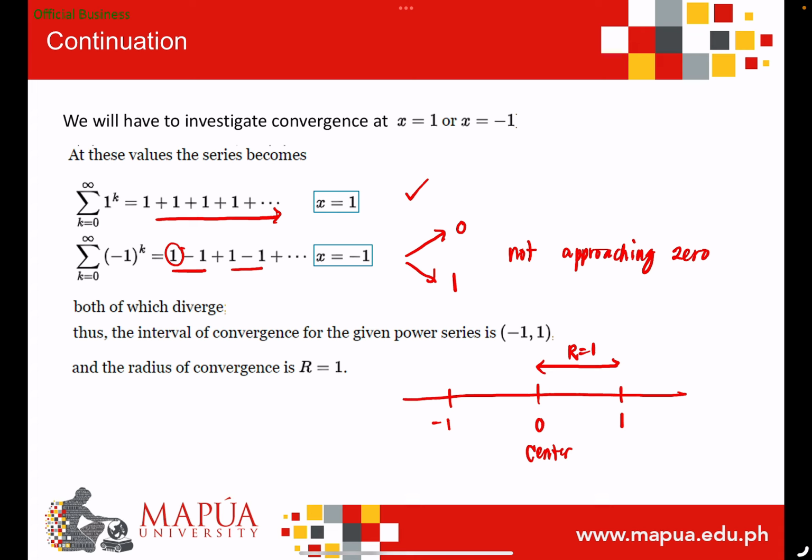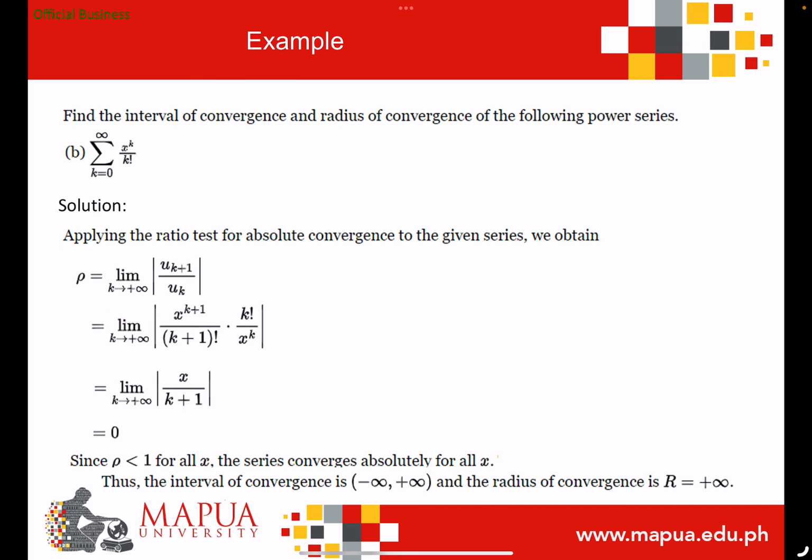Since negative 1 and positive 1 are not included, the interval of convergence is from negative 1 to positive 1, open.